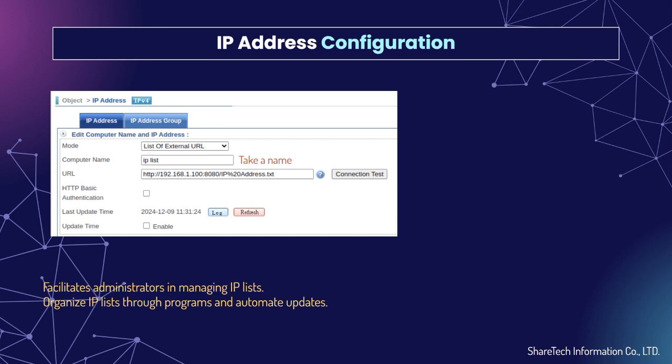It is beneficial for updating and obtaining the latest IP addresses, especially for IPs that frequently change. If you use this feature, administrators no longer need to manually add or remove IPs on NU. It can eliminate many management steps.